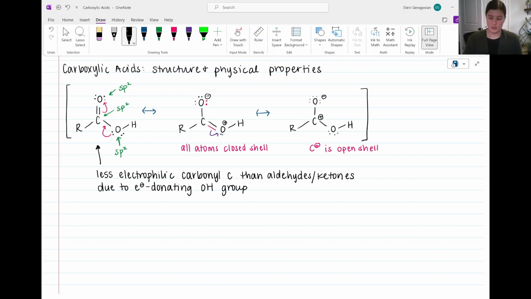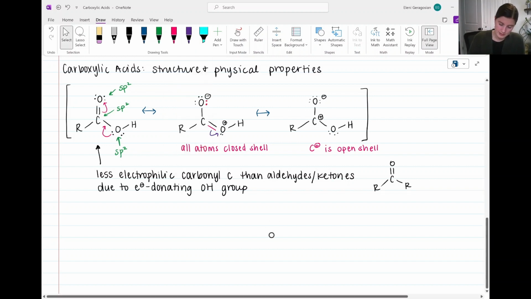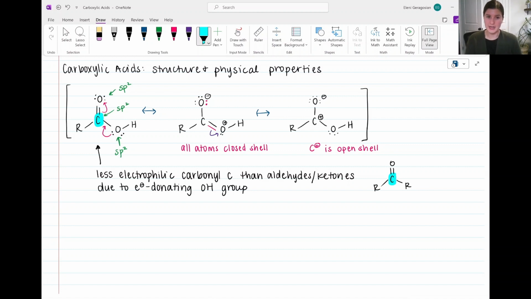So by definition, carboxylic acids have an OH group, and that oxygen in the OH group that's not double bonded to anything is electron donating. And so if we're comparing the carbonyl carbon in the carboxylic acid and the carbonyl carbon in an aldehyde or ketone, that electron donating group makes that carbonyl carbon less electrophilic.